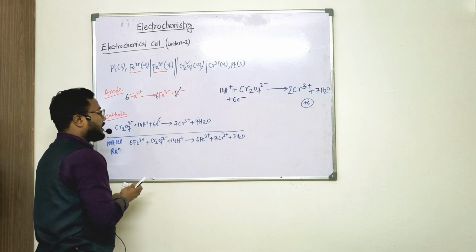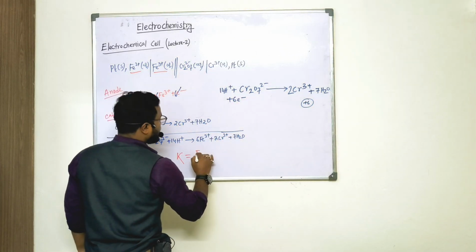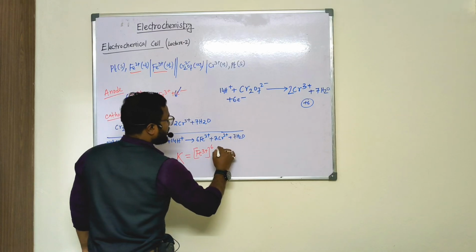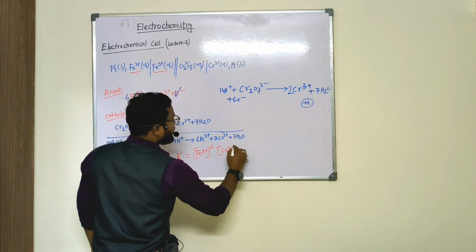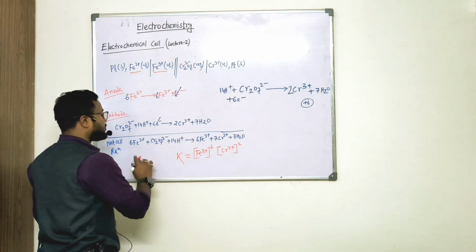Now what will be K for this reaction? K is product concentration: Fe3+ whole to the power 6 into Cr3+ whole square. Water is liquid state, so 1, not considered.